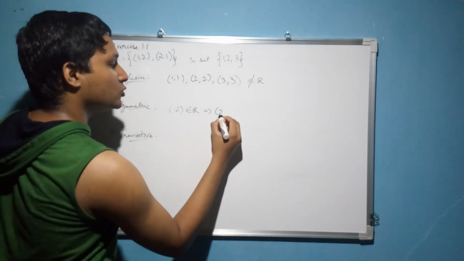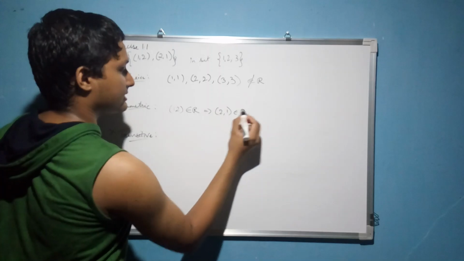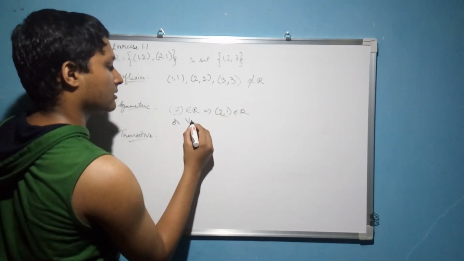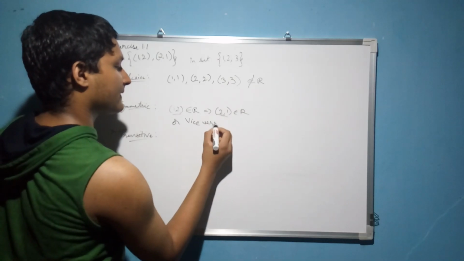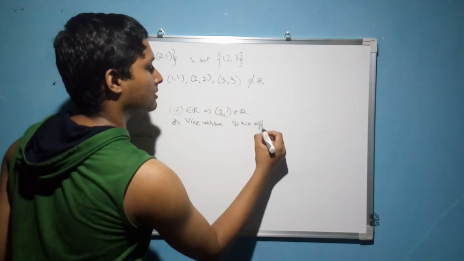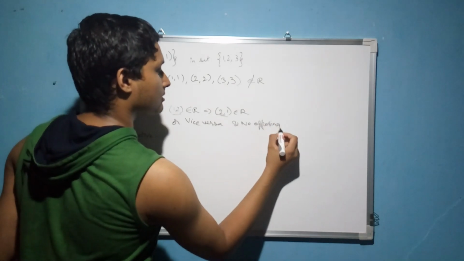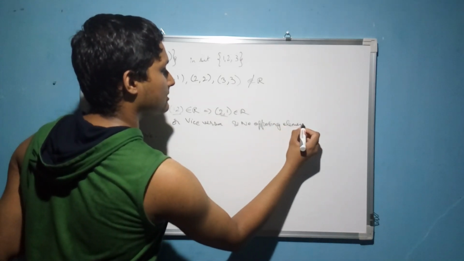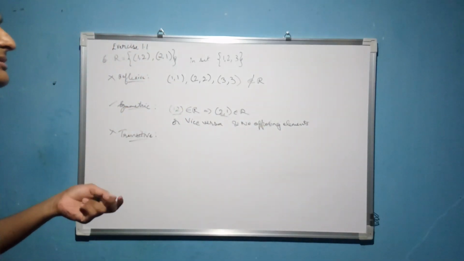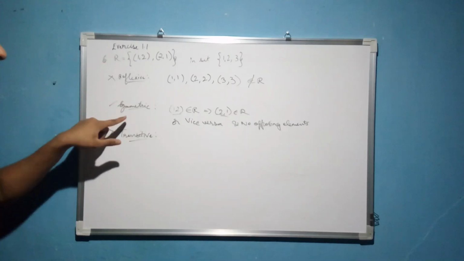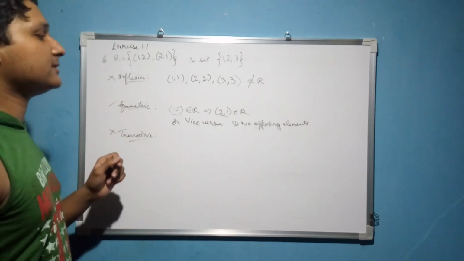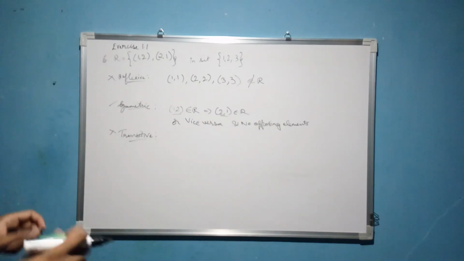That implies that (2, 1) is also belonging to that relation. These two you can see, or the vice versa. And no opposing elements present. If there are some more elements such that they oppose the symmetry of that relation, then they cannot be called symmetric. But here there is nothing like that.